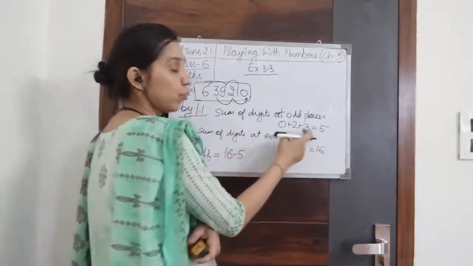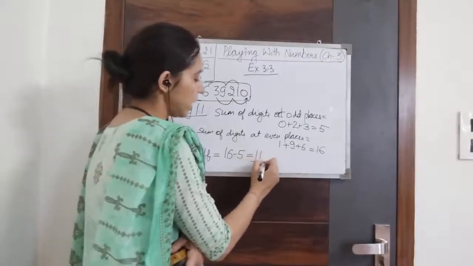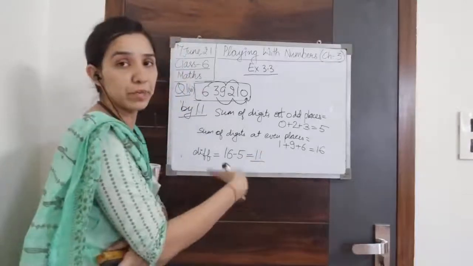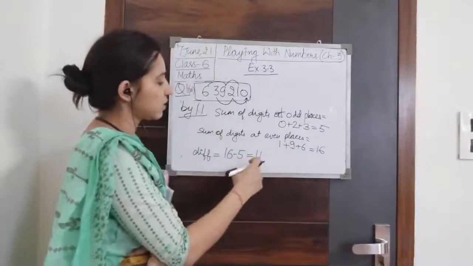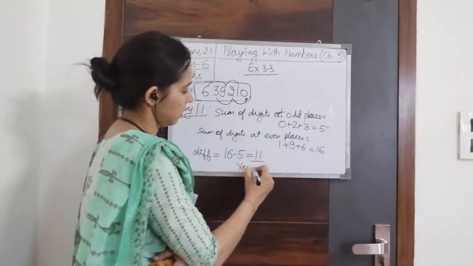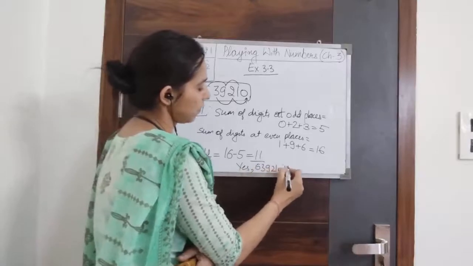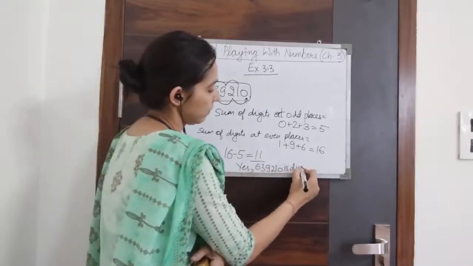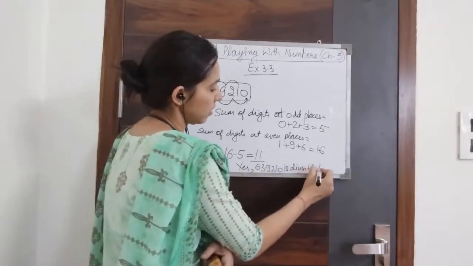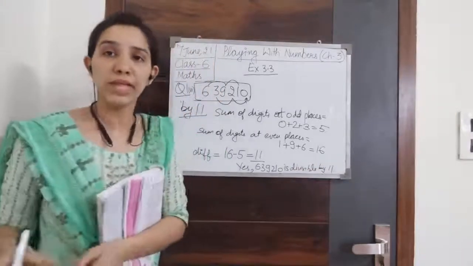We have to subtract the smaller number from the bigger number. It came out to be 11. 11 is a multiple of 11. It means this number is divisible by 11. Clear?